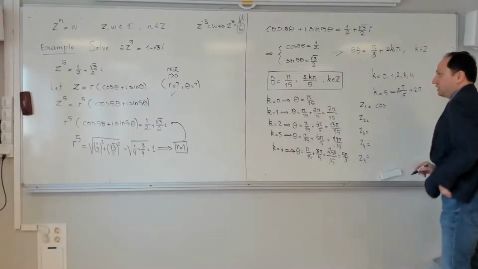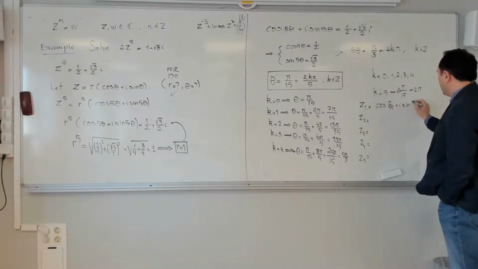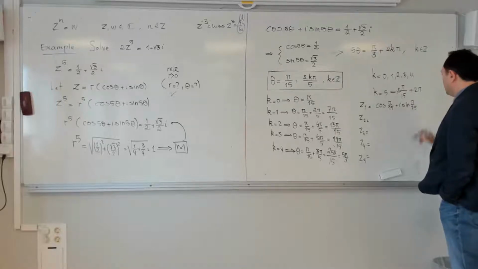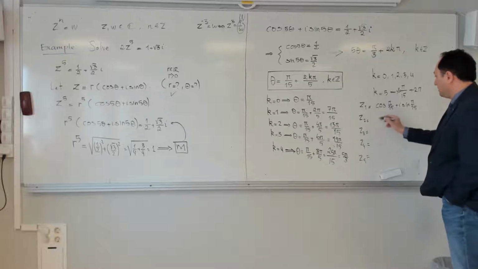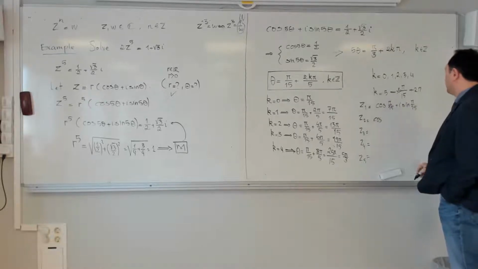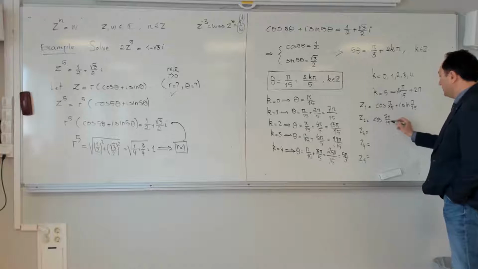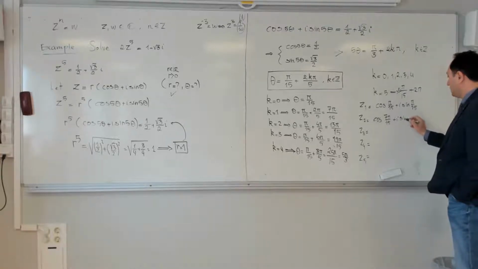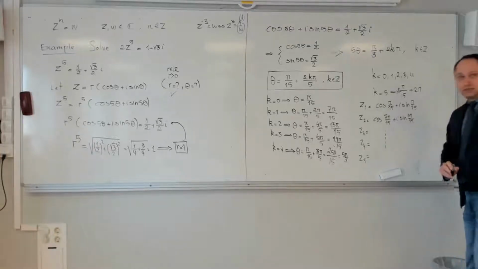So it becomes cosine of pi over 15 plus i sine pi over 15. And then the other answer, I put r equals 1, so that's the same. But then cosine, the next angle is 7 pi over 15, plus i sine 7 pi over 15, and then you can continue on writing.